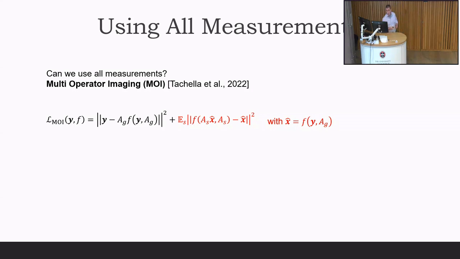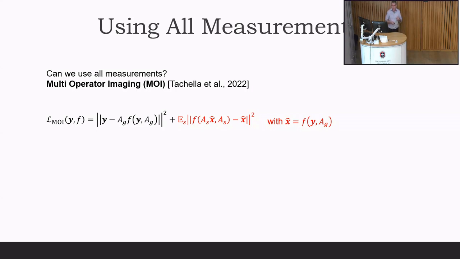Well, one way to do it, essentially motivated by the identifiability theory we'll talk about later, is, instead of just measuring consistency across my data, I'm going to introduce an extra loss, an estimator. It says, if I build an estimator x hat using the AG operator, then I want that to also be the same estimator I would have if I observed x hat using a different operator AS.